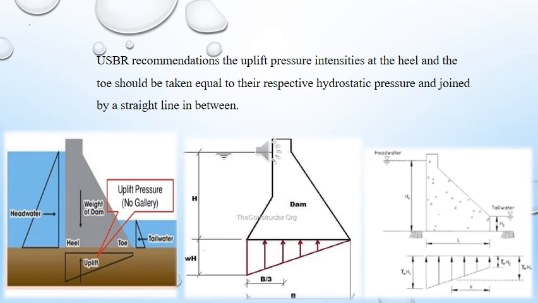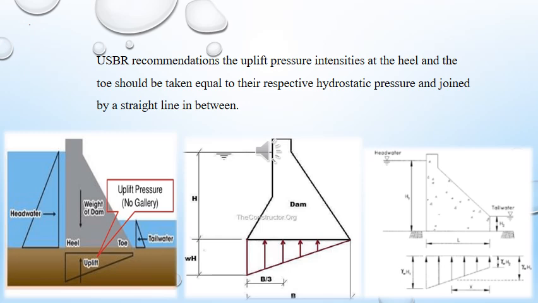So now the area of this uplift pressure diagram is the uplift force. The area of this diagram is known as the uplift force, and it acts at the CG of the area in the upward direction.